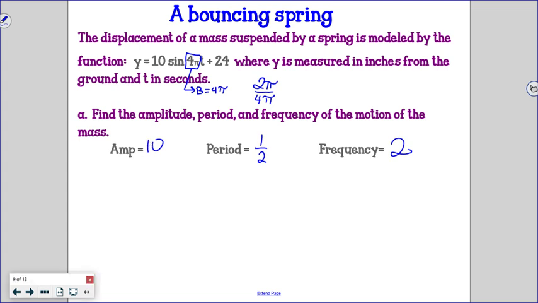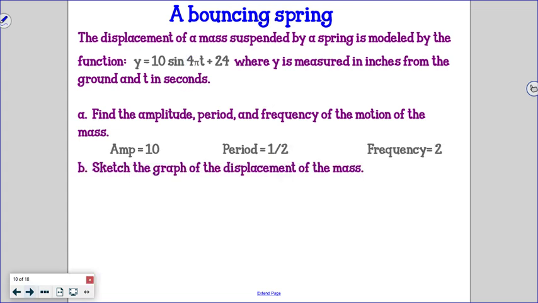So taking all of that and translating it then to a sketch of the graph. Very similar to what we were doing, except for, and again, it's going to bother some of us, but as we draw this, I'm still going to have 1, 2, 3, 4 tick marks along the x-axis, or along the variable, which in this case is t in seconds.